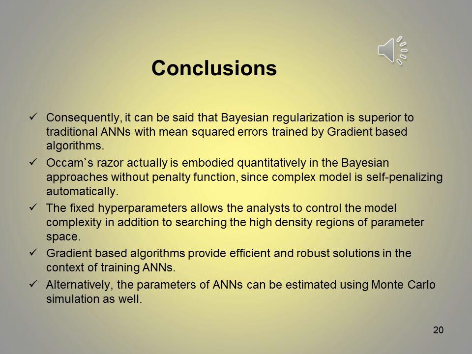The fixed hyperparameters allow the analysts to control the model complexity in addition to searching the high-density regions of parameter space. Gradient-based algorithms provide efficient and robust solutions in the context of training artificial neural networks. Alternatively, the parameters of artificial neural networks can be estimated using Monte Carlo simulation as well.